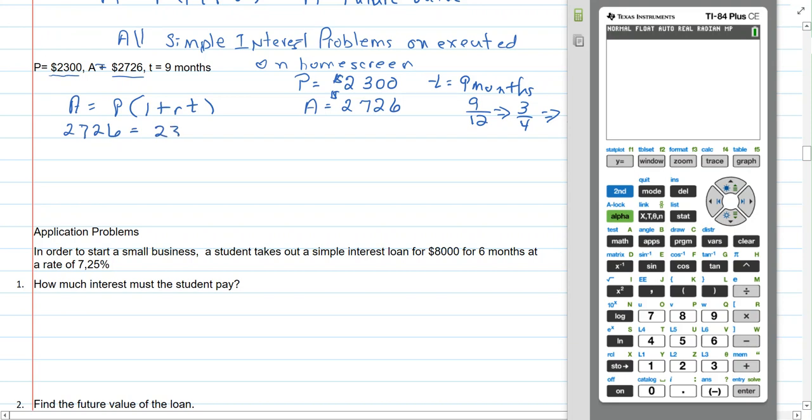We borrowed the $2,300 at 1 plus, and we don't know the rate, but we do know the parts of the year. All right, so now we're going to do the math. One of the things that we do is rewrite the value in front of the R, the unknown value. It cleans it up.